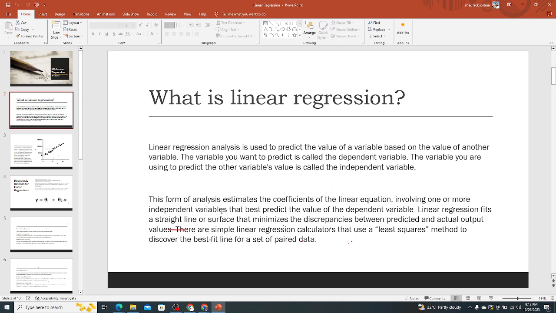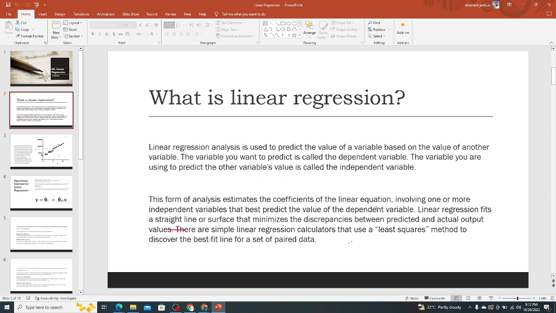There are simple linear regression calculators that use least squares methods to discover the best fit line for a set of paired data. But for us, we are going to use Excel to determine all this.